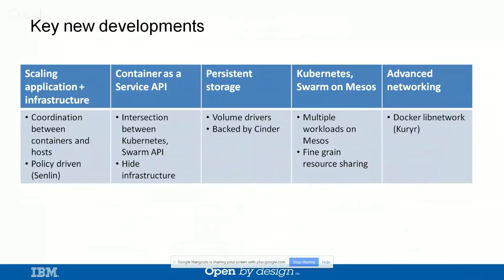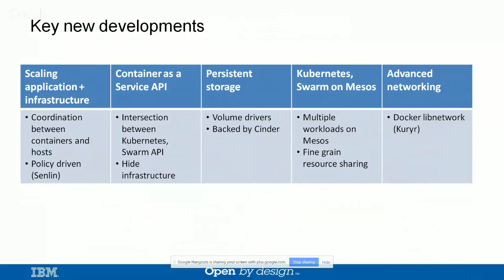We want to be able to just allow users to walk in and launch a container without having to worry about what's supporting it behind the scenes. This is still work in progress. We're still trying to define what the API would look like and what the user experience would look like.